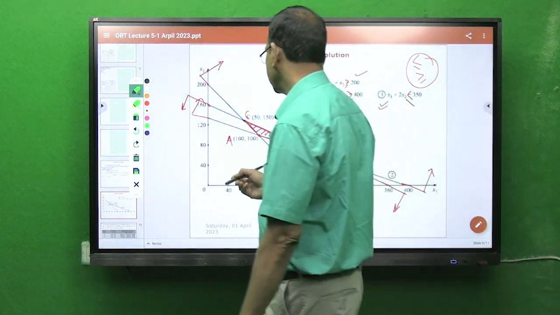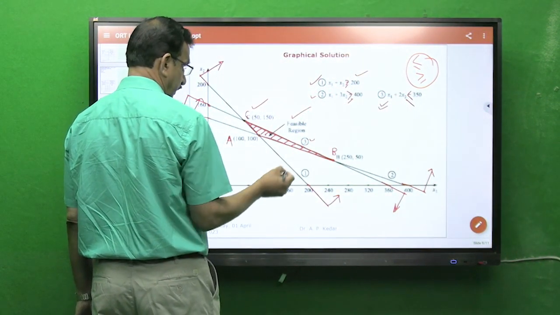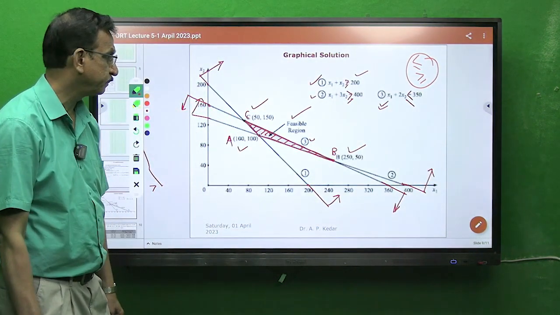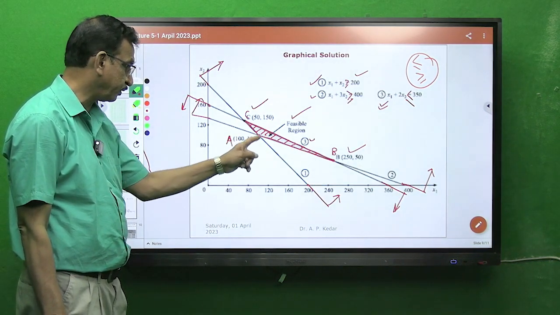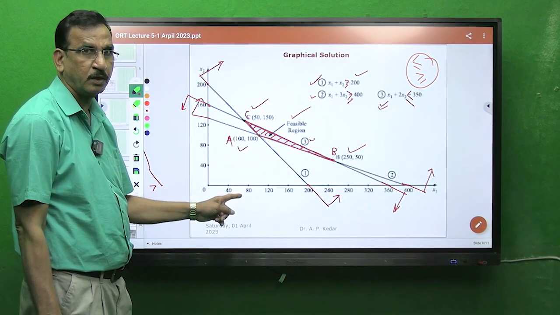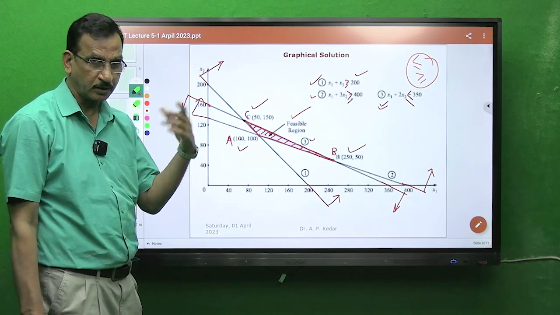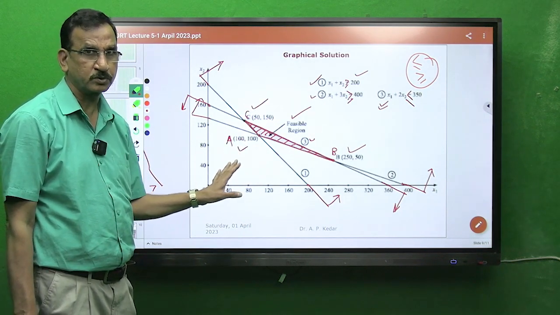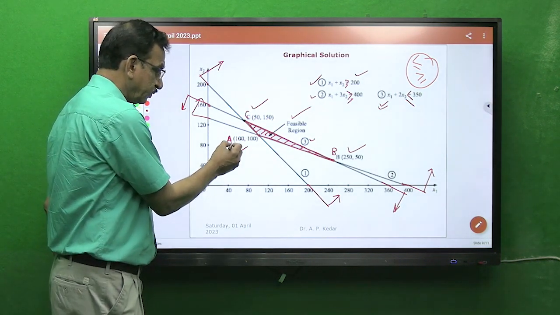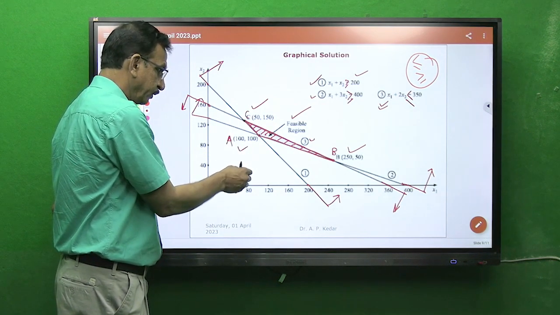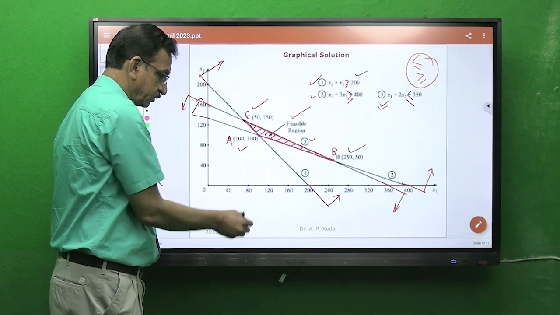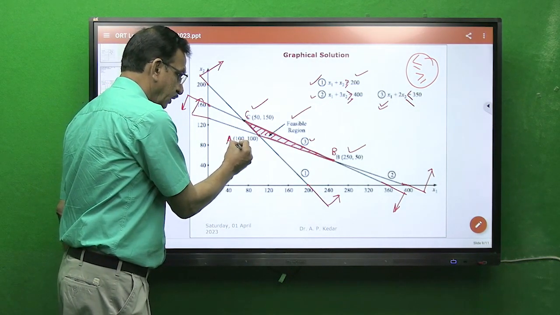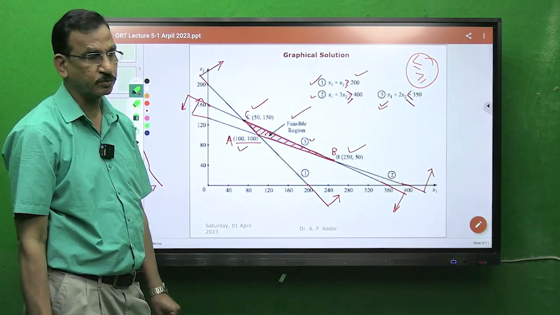So what is our task? We have to find the coordinates for A, B and C. If you drop perpendiculars on this graph, I did it on actual graph paper and then plotted this chart based on that. Since this is not an exact graph, you will not get exact values. The value of A is x1 100, x2 100.